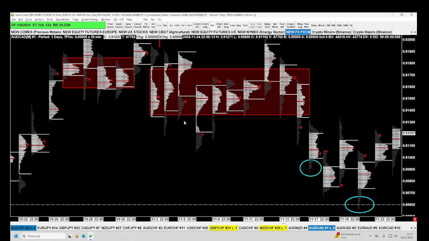As you can see, this block is lower than the first one. If the edge of the second block is lower than the first one, then I'm looking for the long signal. Specifically, I want to see a day with capitulation.